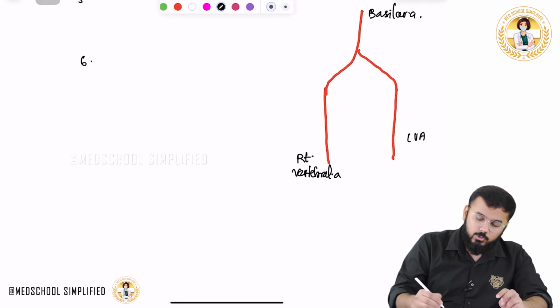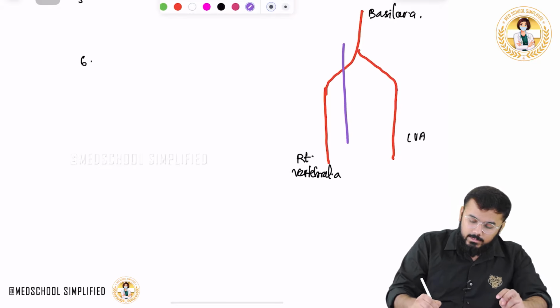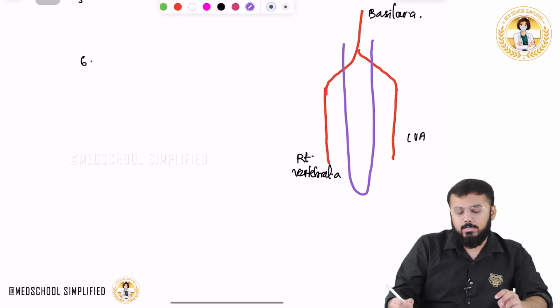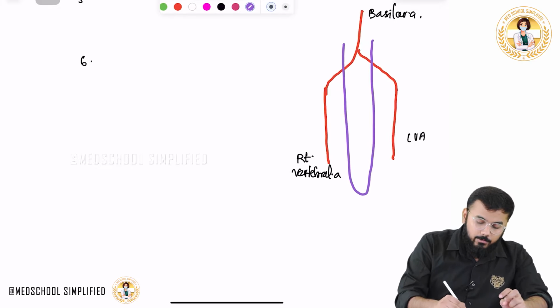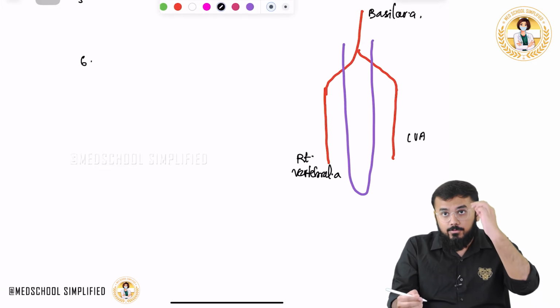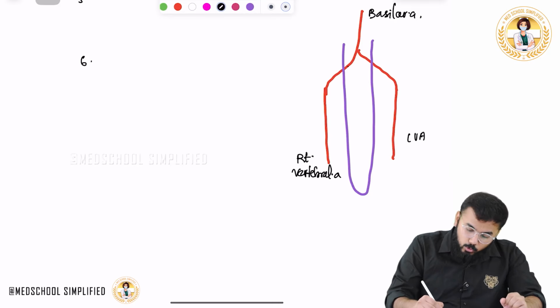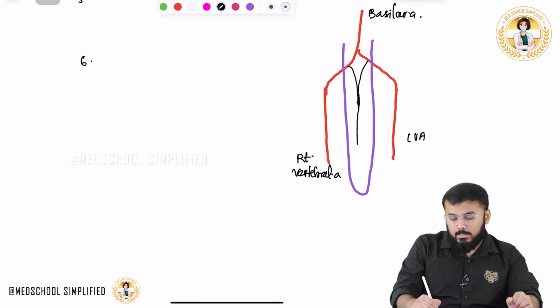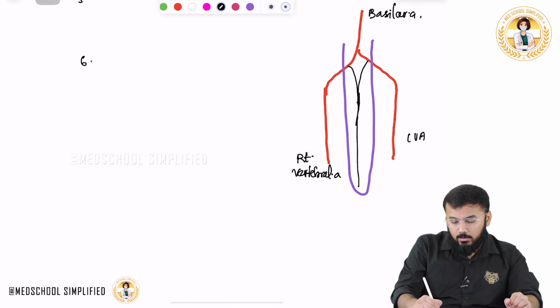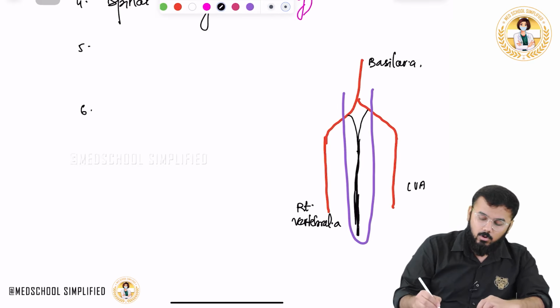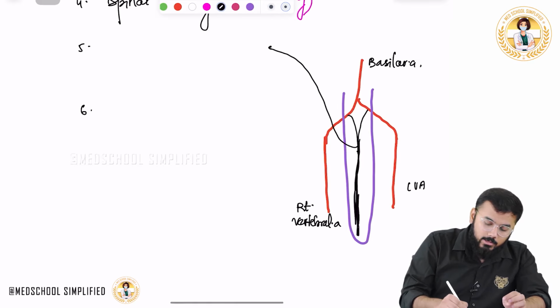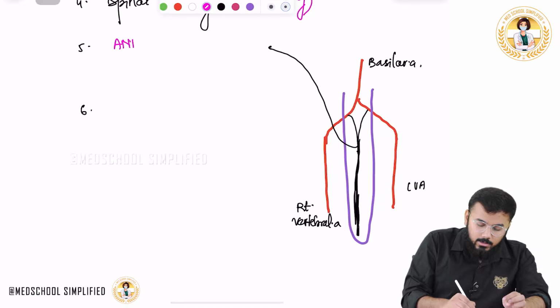Where is your spinal cord here? This is the exact location of your spinal cord in the center. From the right and left vertebral arteries, two branches come like this. These two branches supply the center of the spinal cord. This branch is called your anterior spinal artery.